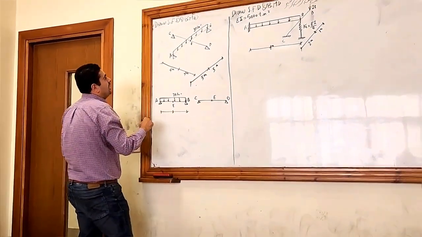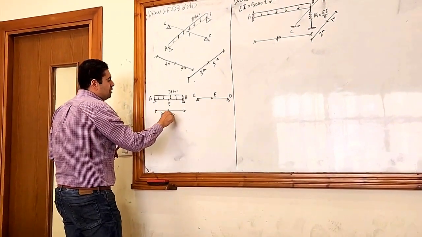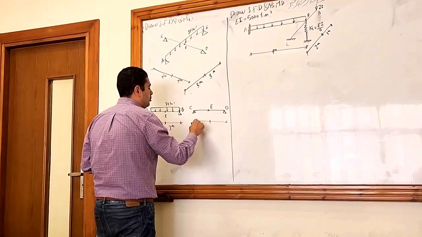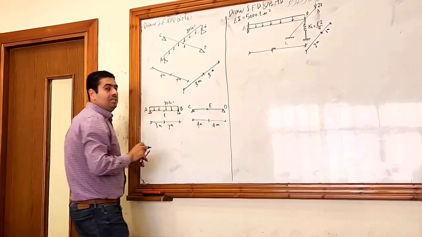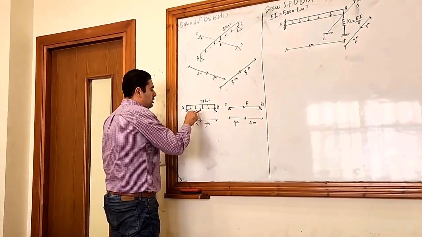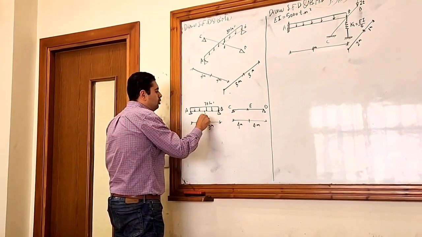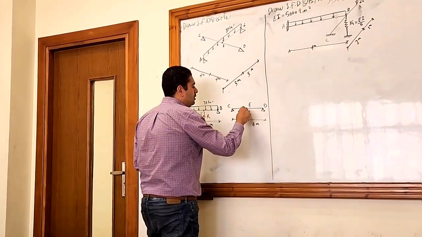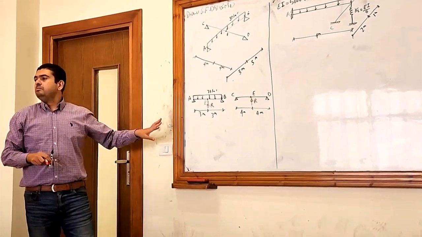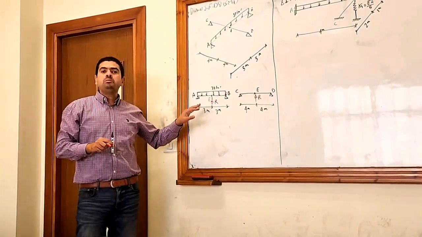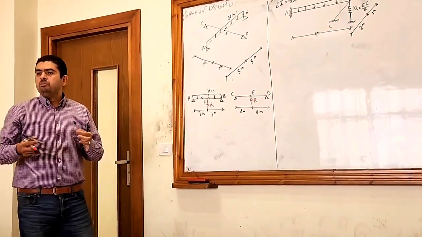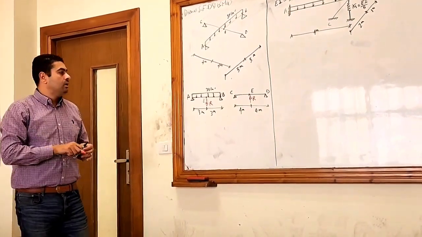The dimensions of AB are 3 meters and 3 meters, and CD 4 and 4. What about point E? Here there is a reaction called R, and on the other side another R, but in the opposite direction. So it's the same idea as a compound beam with two stable parts, no main, no secondary. Both of them are on the same level.